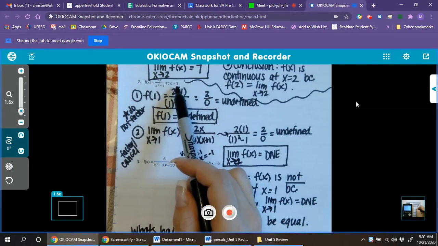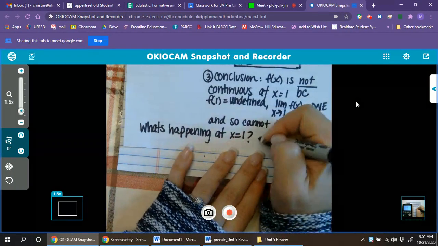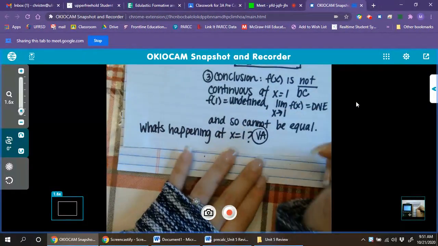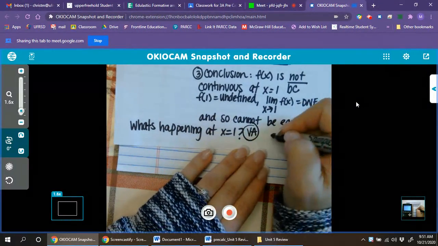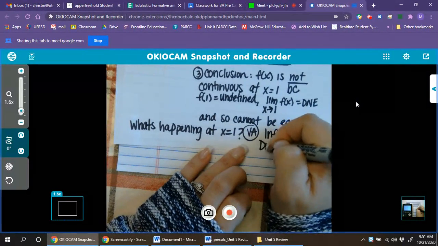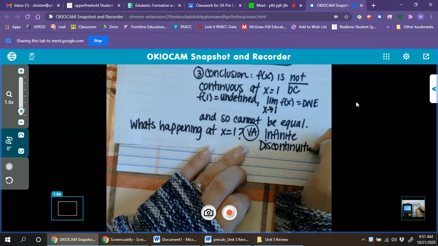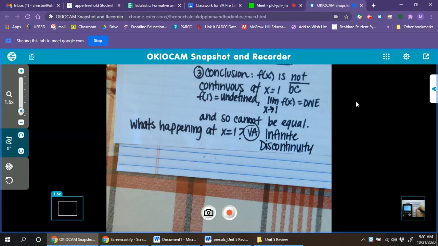It says at x equals 1. So what's happening at x equals 1? A vertical asymptote. So I classify that as an infinite discontinuity. It's very similar to when we were doing the domain and range.